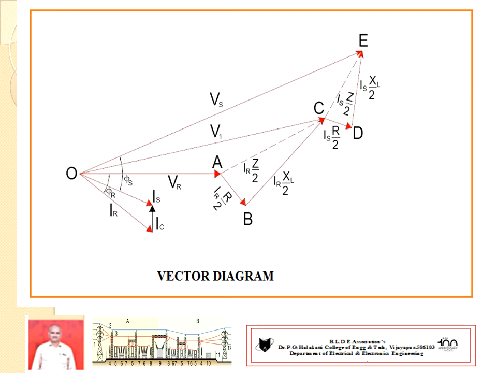Then you add the 50% impedance drop, that is IR into R by 2, the resistive drop, which is in phase with IR, plus the inductive reactance drop, 90 degrees to IR. Hence we get the point C. You draw the line from C to O, that gives the voltage V1 across the capacitance.